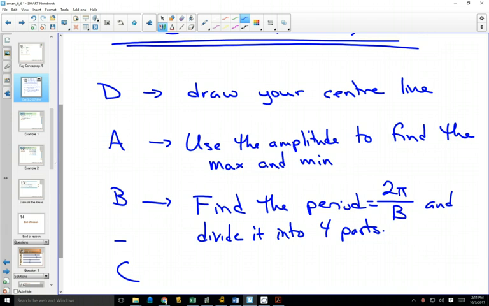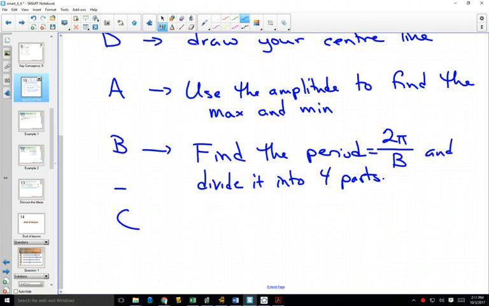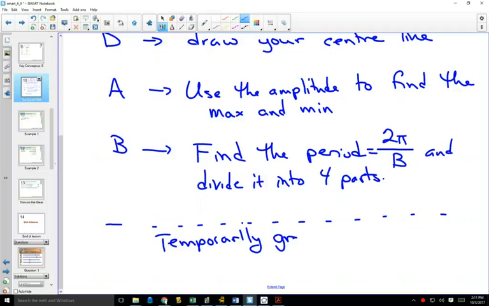Okay? Now the dash is here because at this dash, before we do the phase shift or the translation left and right, we temporarily graph with a dotted line.